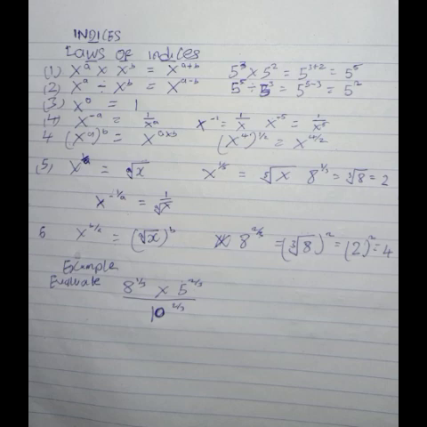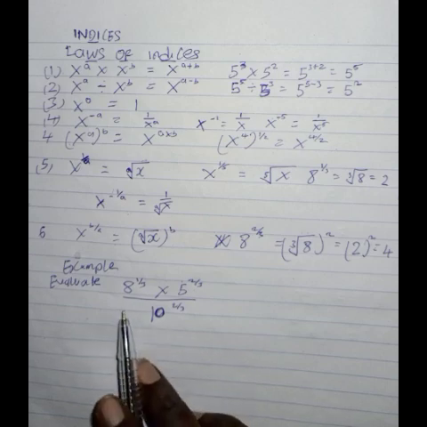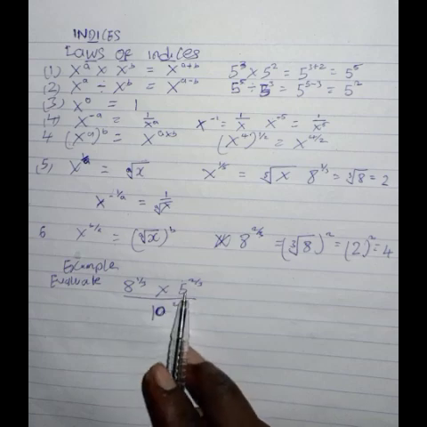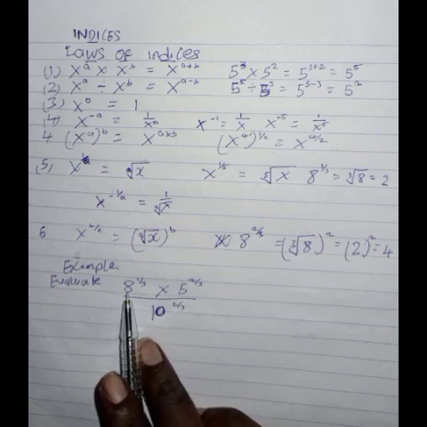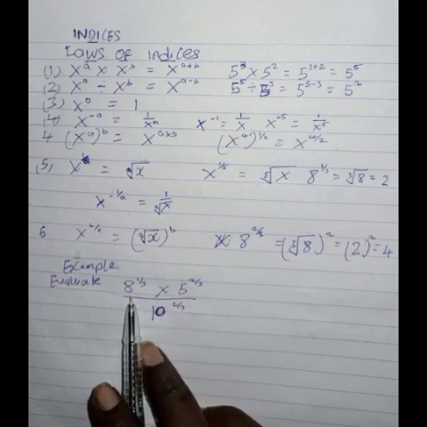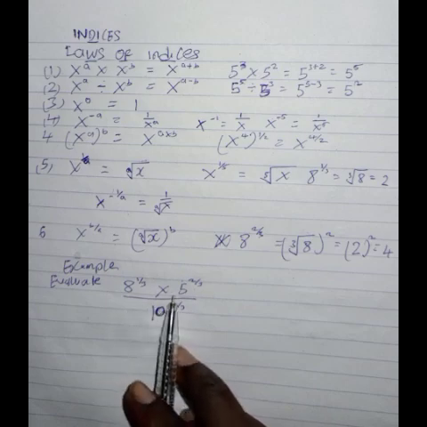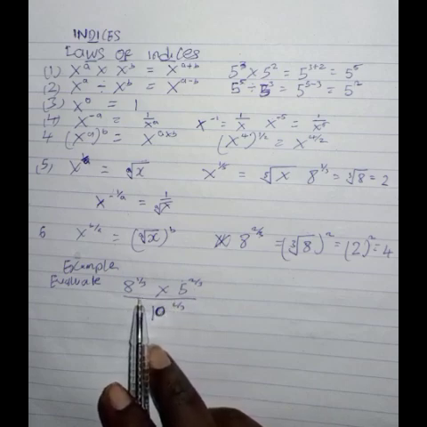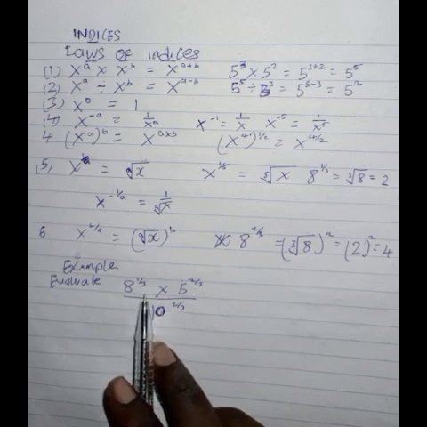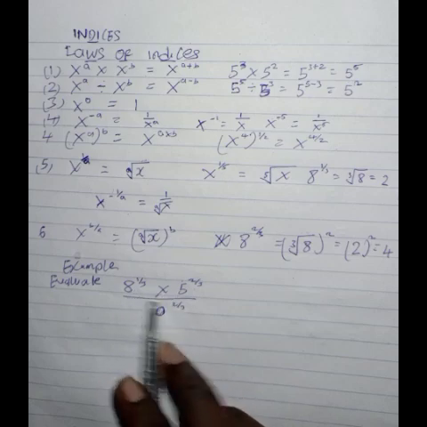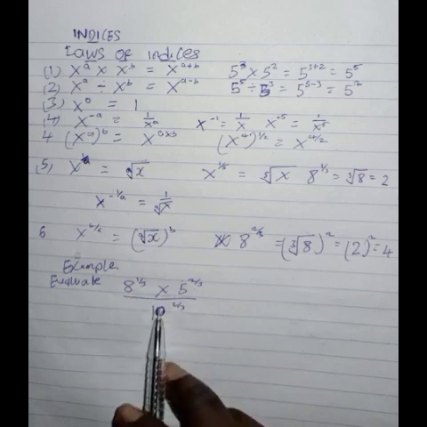So what I simply need to do now is make my bases the same. If you notice, this is multiplication, this is division. Now I want to get the same bases because we established that I can't do anything here if these bases are different. This is 8, this is 5, this is 10.